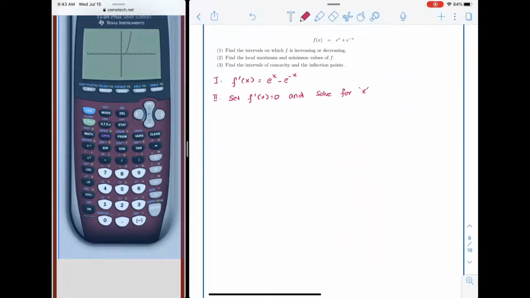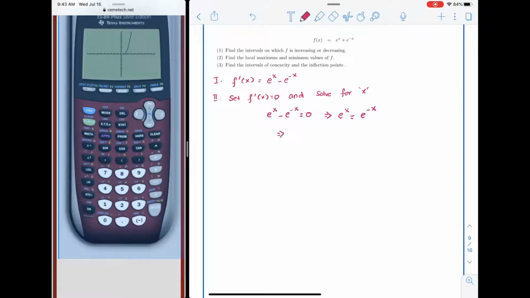So going back to this problem, we have f prime of x is equal to 0, which is e raised x minus e raised minus x would be equal to 0, which would imply e raised x equals e raised minus x.